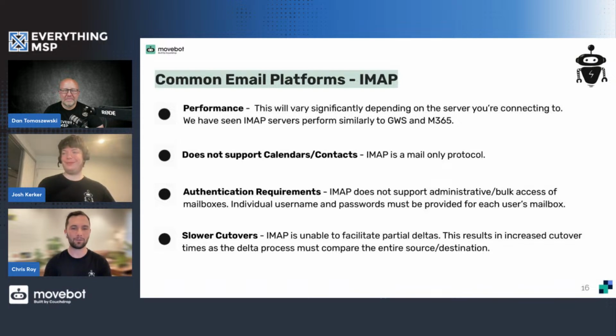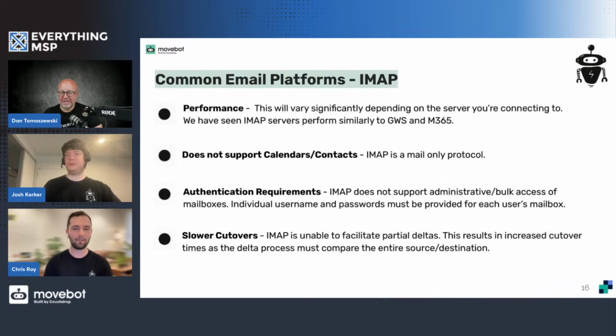The other thing to be aware of is that, like any open standard, there is a variety of flavors of that standard, and people implement it ever so slightly differently. So when you're running IMAP migrations from web servers, you are far more likely to run into something unusual with your specific IMAP server that needs to be accommodated than with some of the more standard platforms.